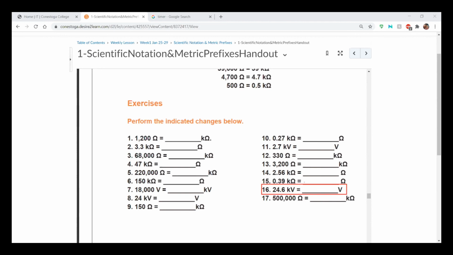Oh shoot, the ohms. Oh, that's good. Okay, perfect. So that's what it is, 24,600 volts. Okay, let's keep moving then.